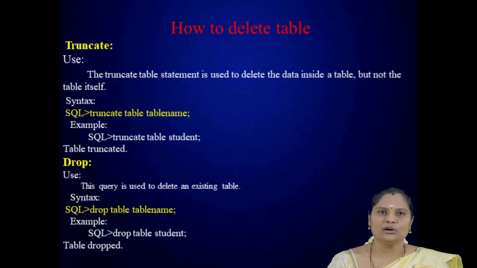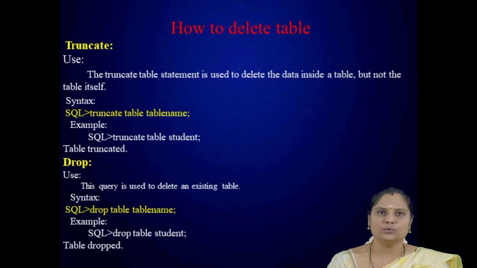If we want to delete the table, we can have two queries, truncate and drop. Truncate query is used to delete all the records from the table, but the structure remains same. In this, we don't delete the table, only delete the data in the table. For this, we write the query as truncate table, table name.